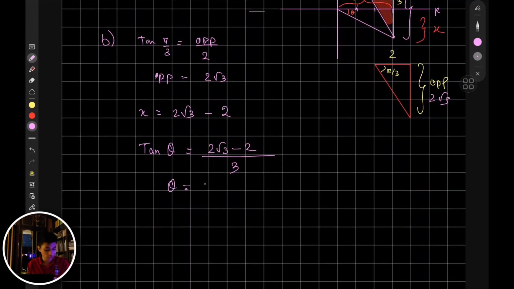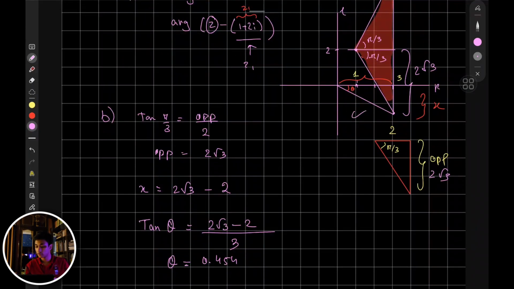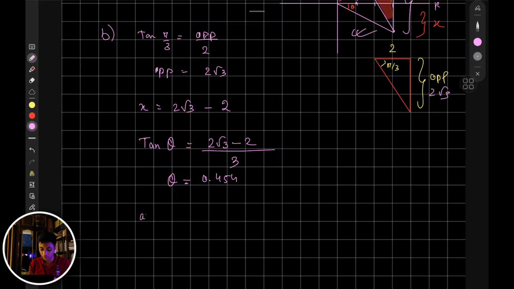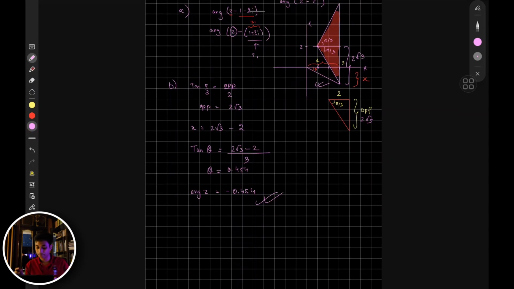The argument is 0.454. Great. So do you keep it as it is? No, you don't. Why? Because it's in the fourth quadrant. In the fourth quadrant, the argument is always negative. Therefore, arg of z is going to be minus 0.454. This is your answer. This is question 1. Done.